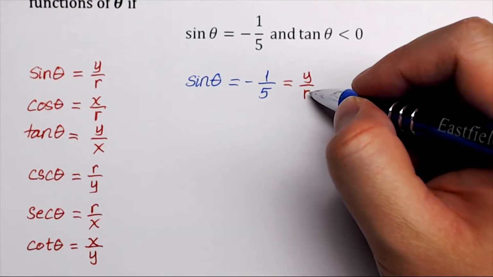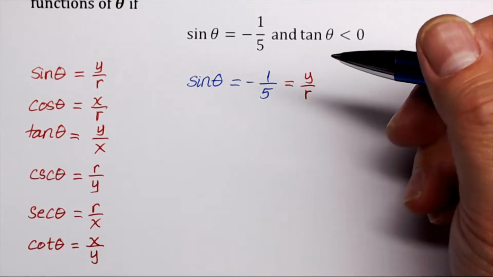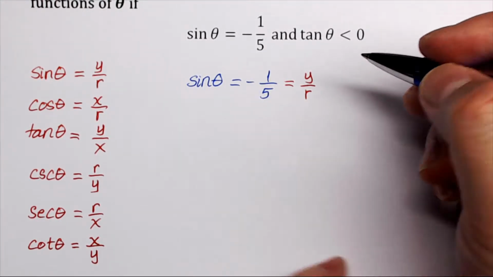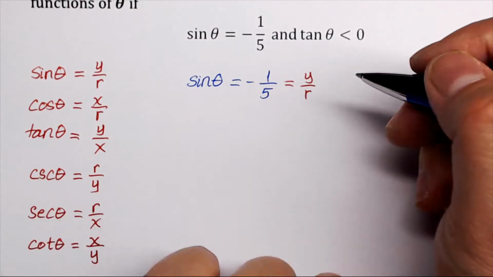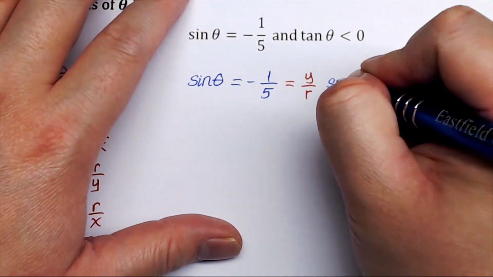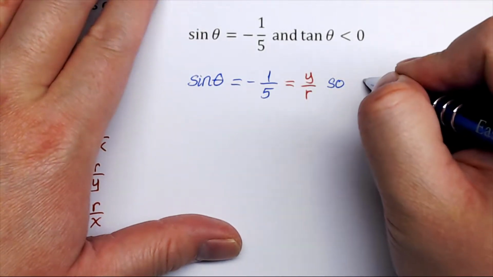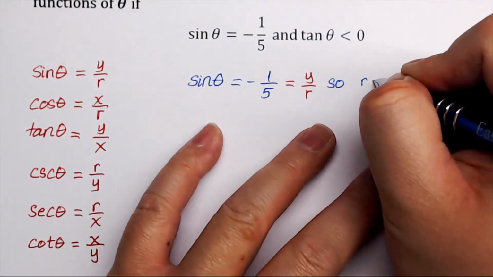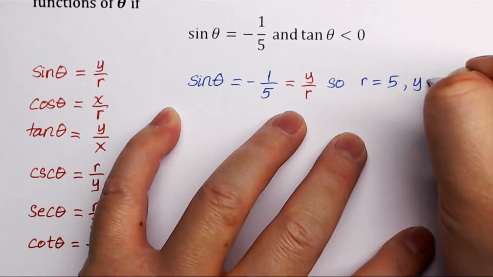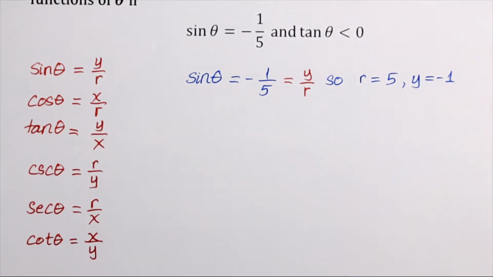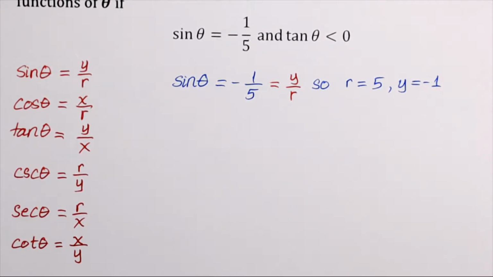And r, we define, let r always be positive. So we can let r equal 5 and y equal negative 1. So from there we have r equal to 5 and y equal to negative 1, right?